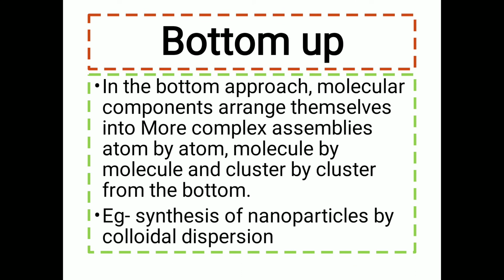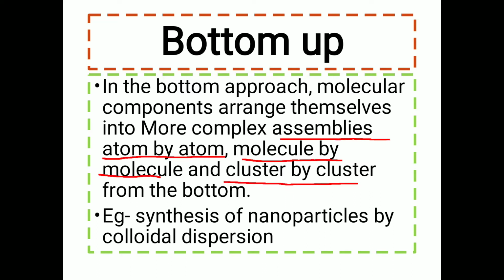In the bottom up process, the molecular components arrange themselves into more complex assemblies, that is atom by atom, then molecule by molecule and cluster by cluster from the bottom.